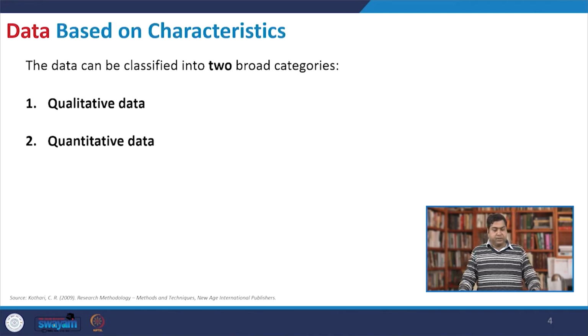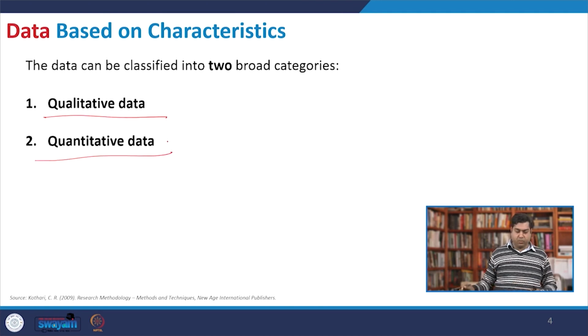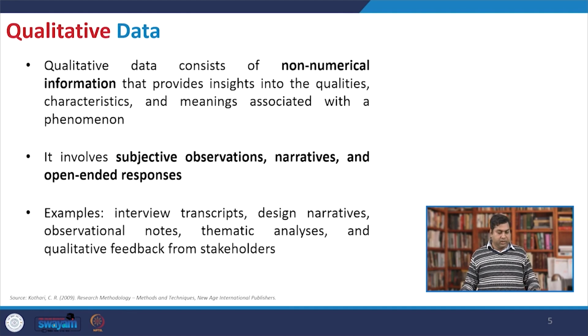Now coming to the type of data based on different characteristics. In this case we have two characteristics: one is qualitative data and the second one is quantitative data. So what is qualitative data? Qualitative data consists of non-numerical information.